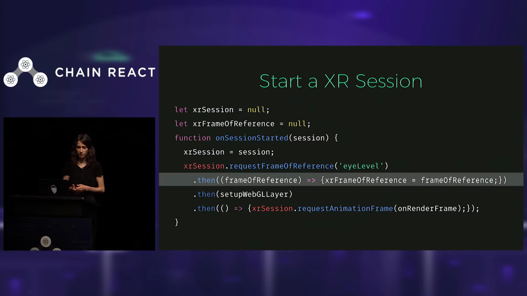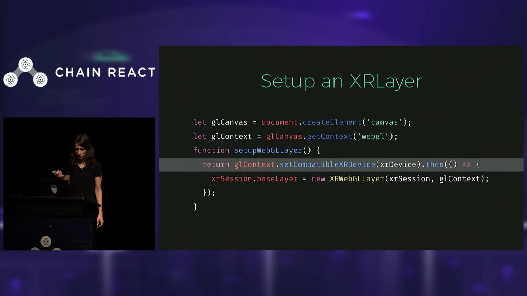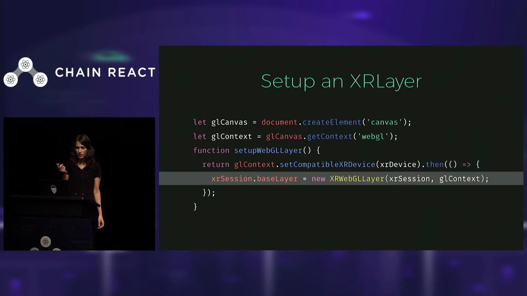And before starting the render loop, we also need to set up an XR layer, or to be exact, a WebGL layer. This layer allows WebGL to provide the bitmaps to be rendered to the device. To set a new WebGL layer, we use a method from the WebGL context of the canvas object, the setCompatibleXRDevice method.